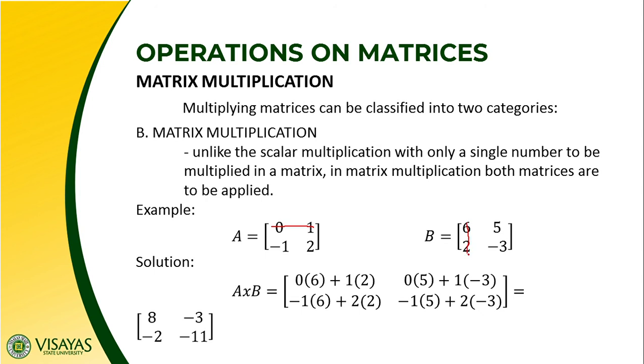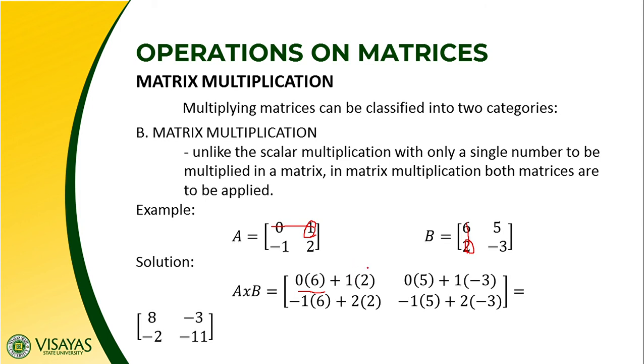But here in multiplication, you multiply the corresponding elements. So we have here 0. This should be multiplied by 6 because this one is on the first row, first column, and 6 is also in the first row, first column. So this is 0 times 6. You add that product to the product of this 1 and 2. So 1 times 2, that is equal to 2.